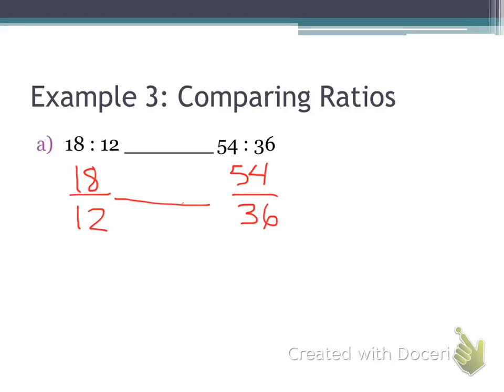Now, get out your calculators. And let's divide. Remember, we always divide top by bottom. 18 divided by 12 is 1.5. And 54 divided by 36 is 1.5.